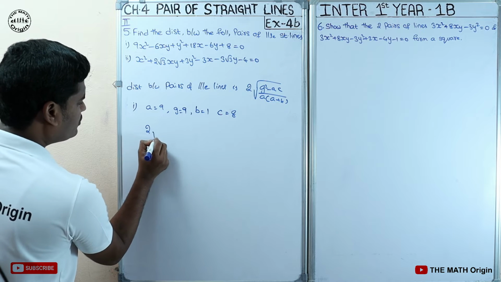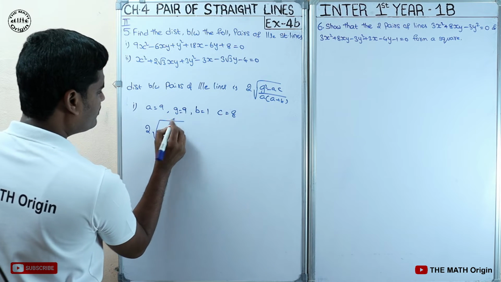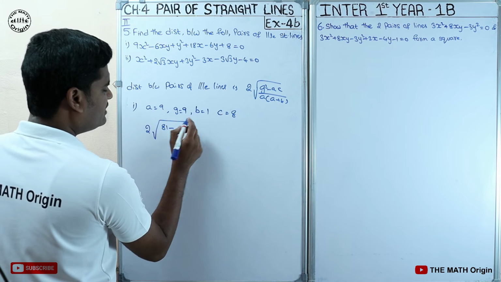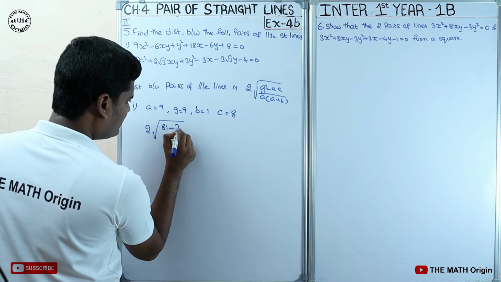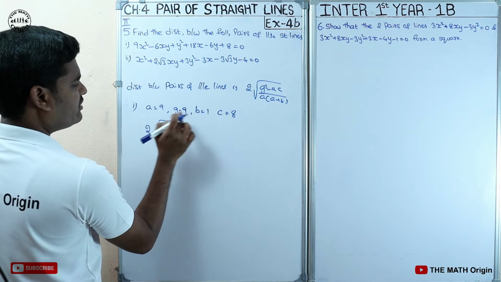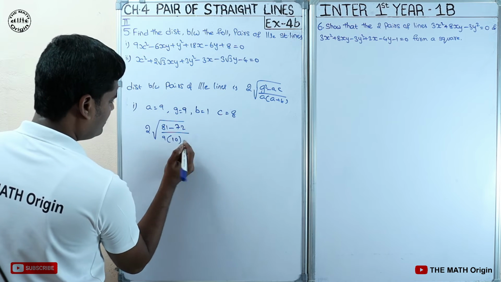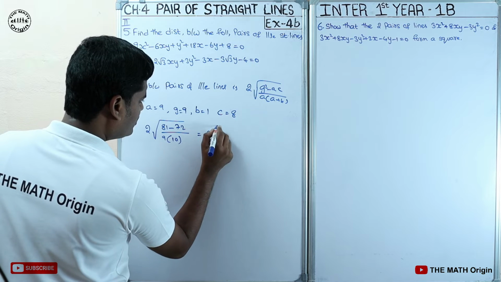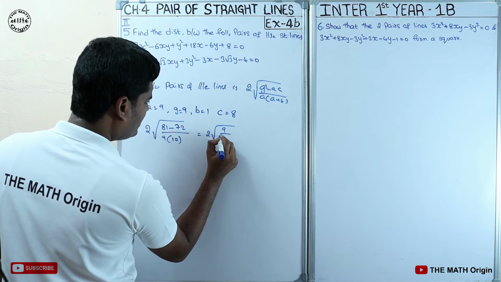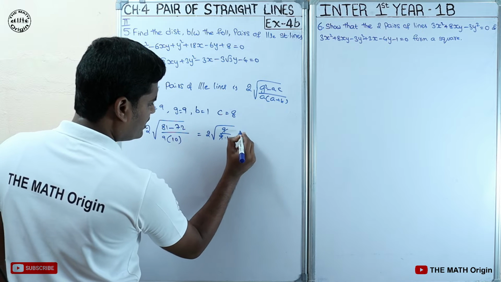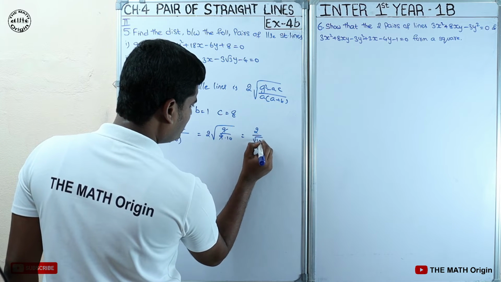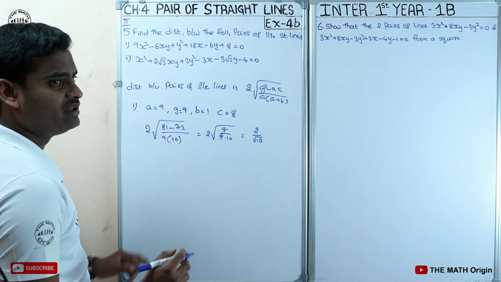So the formula is 2 root of g square, g square is 9 9s are 81, minus a into c, 9 8s are 72, divided by a into (a plus b). A plus b is 9 plus 1, 10. Therefore that is equal to 2 root of (81 minus 72) is 9, by 9 into 10. 9 cancels. Okay, the value is 2 by root 10 for the first one.